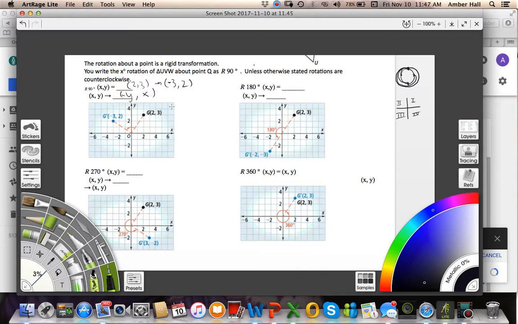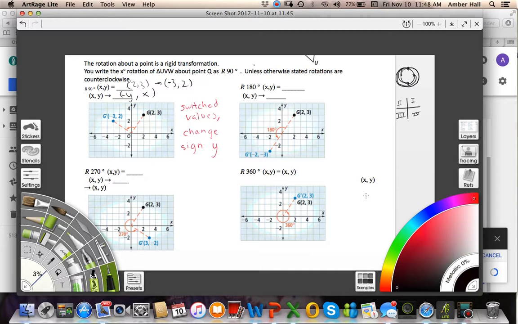So we get negative y, comma x. So what did we do? We switched the values and changed the sign of y. Okay? And that was a 90-degree counterclockwise rotation.